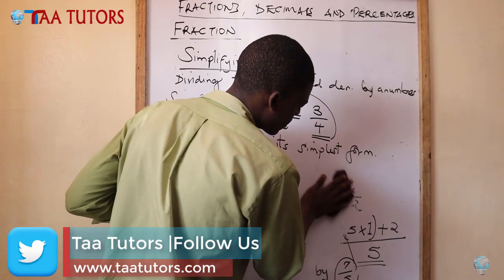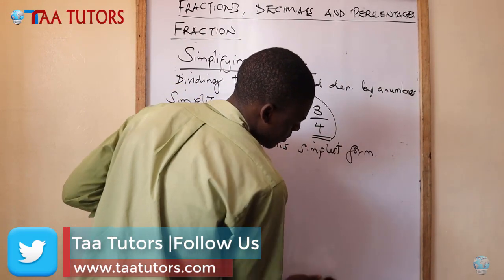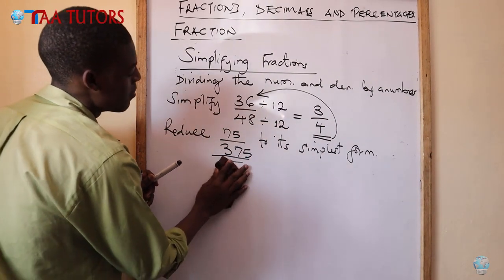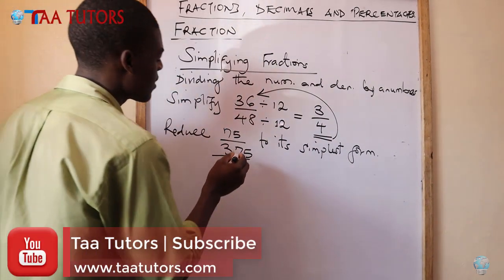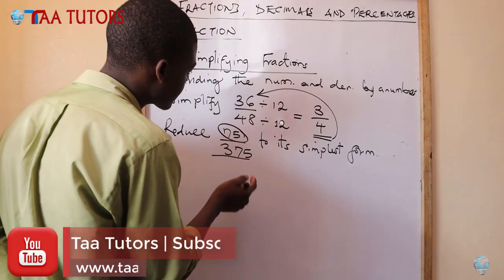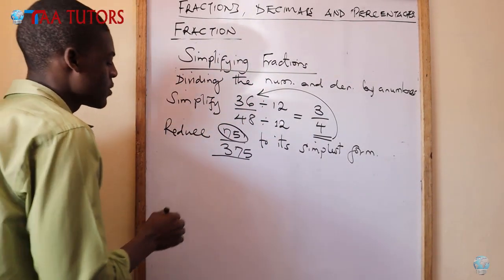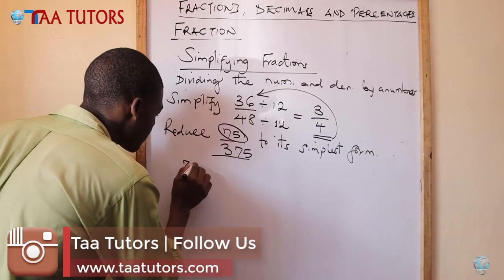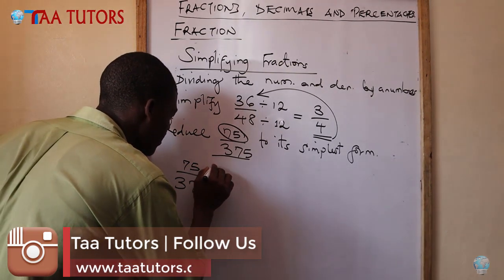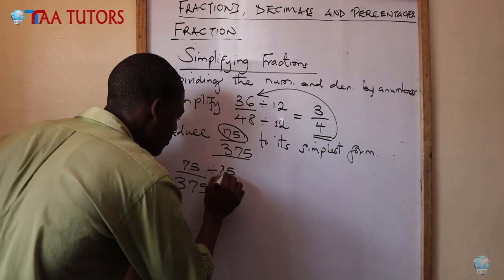So when we now decide to simplify this, some people may decide to go through steps by checking the divisors, but yet there is 75. The numerator is a divisor that can divide both sides. So we will go for 75. We will have 75 over 375 divided by 75 on both sides.